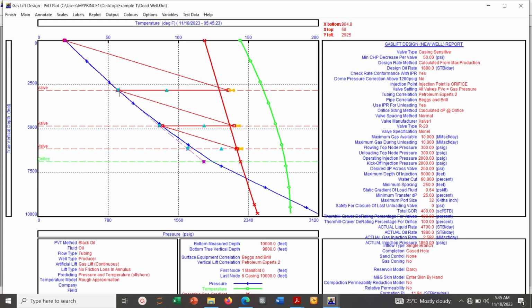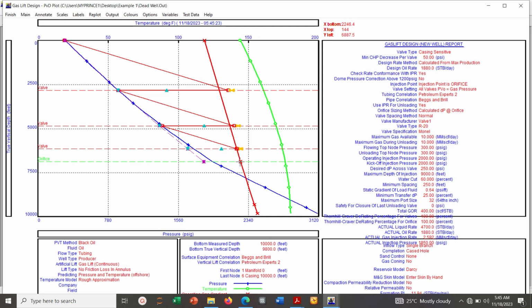The first valve is at the point of injection, then the second one, the third one, and the fourth one in green. The first three valves are called unloading valves, and the fourth one is called the operating valve or orifice.